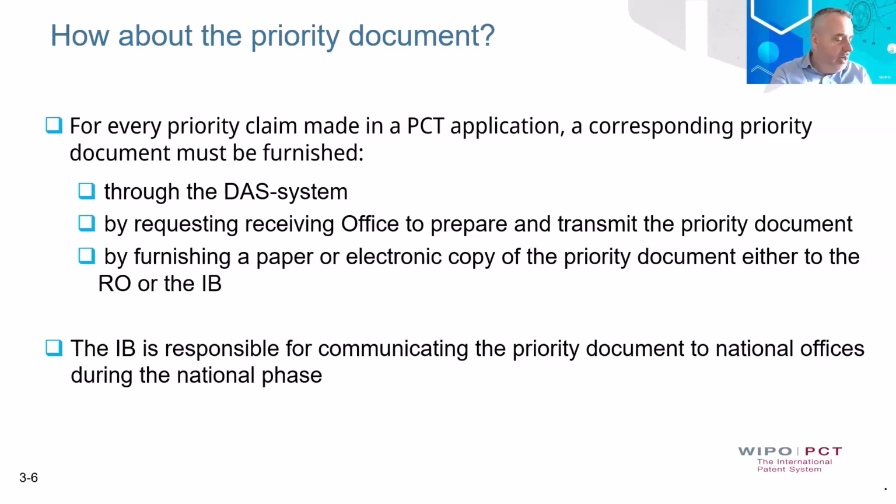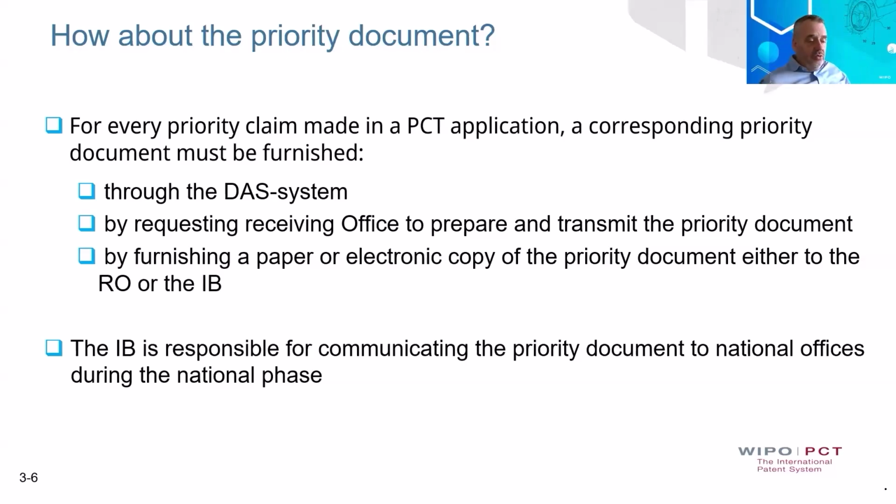Some offices will automatically include it in the DAS system and send you an access code. Others require that you fill in a form and specifically ask for your application to be included. So this is something you need to check a little bit with your Office of First Filing. What are the requirements in order to get my application into the DAS system?